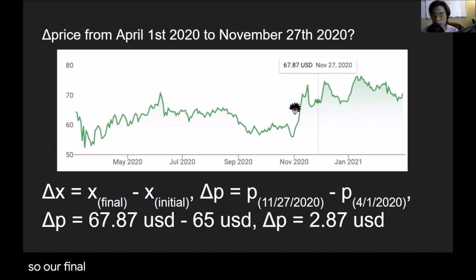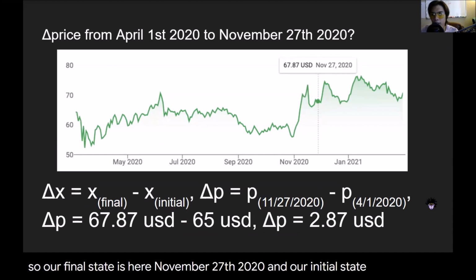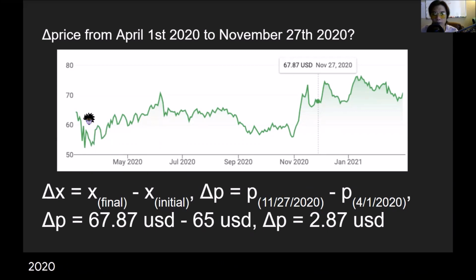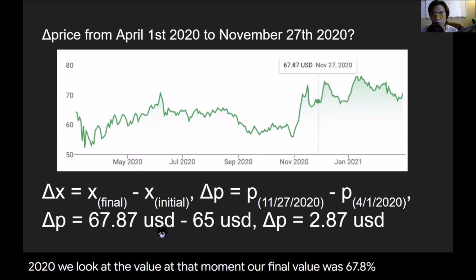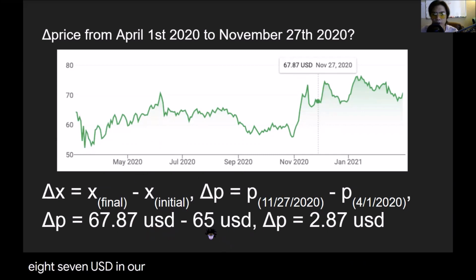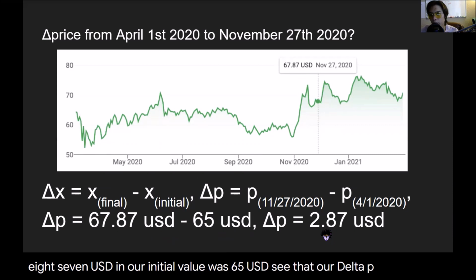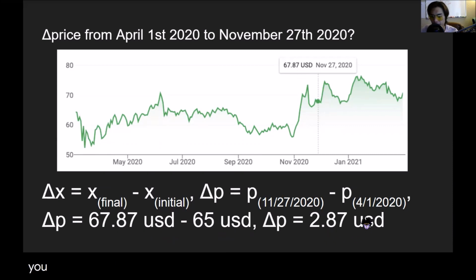So our final state is here, November 27th, 2020, and our initial state is April 1st, 2020. We look at the value at that moment. Our final value was 67.87 USD, and our initial value was 65 USD. Subtract that, you see that our delta P is 2.87 USD.